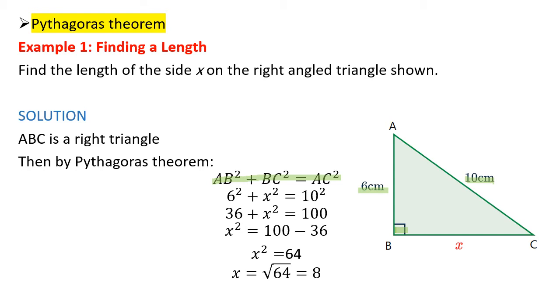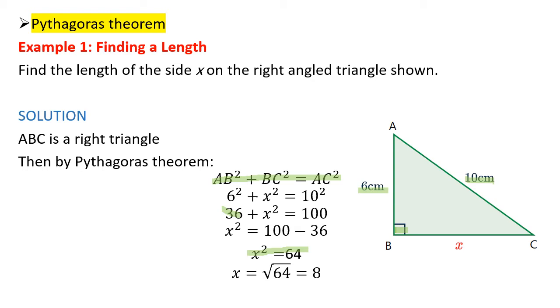AB squared is 6 squared, plus x squared, equals 10 squared. We do the math: 6 squared is 36, plus x squared, equals 100. We move 36 to the other side in order to have x squared alone on this side of the equation. Then x squared equals 100 minus 36, x squared equals 64. But be careful, we haven't finished yet, because we now have x squared, but we need x.